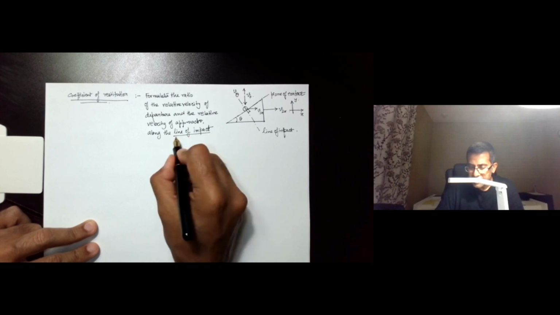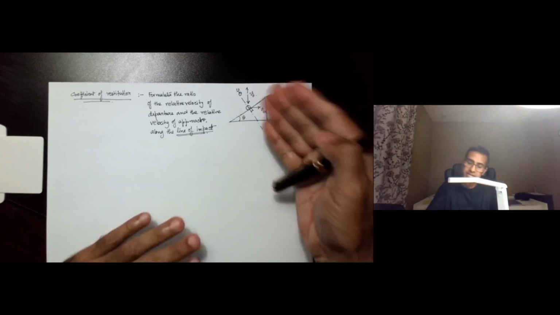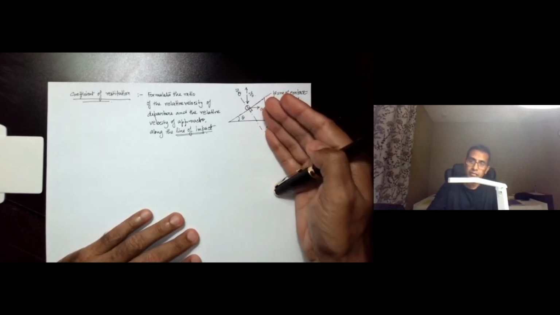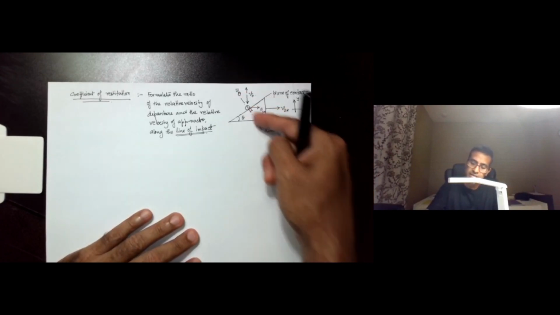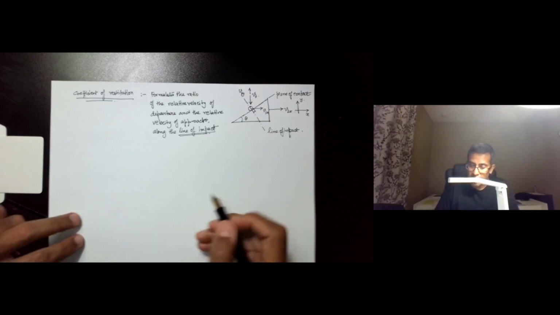This is an especially important point, that the formulation of this ratio must be done considering the velocities along the line of impact. And why is that? Because the compression and the restitution impulses are taking place along the line of impact, because it is in this direction that the action-reaction impulses lie. So the coefficient of restitution is also formulated along that.